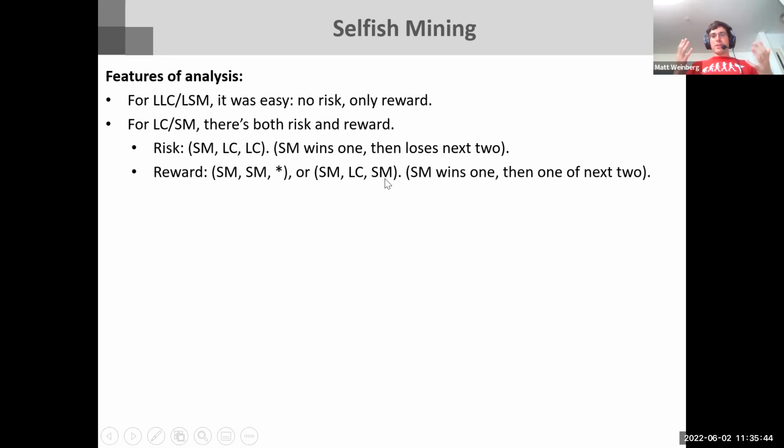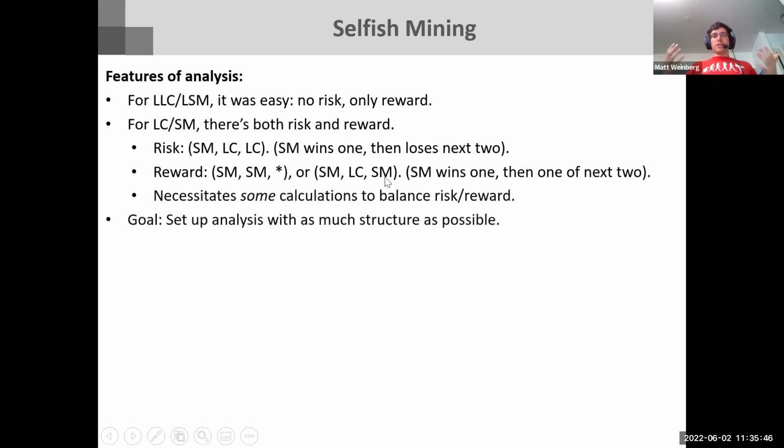The point is that we have to do some calculations. There's no way to just think a little bit and see that clearly this is better. And maybe more evidence that we have to do some calculations is that this is not always profitable. It's profitable if you have lots of mining power, because you're more likely to be in the reward case than the risk case. And it's not profitable if you have less than that.